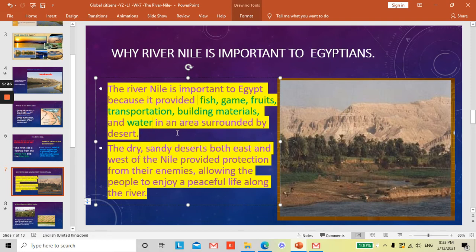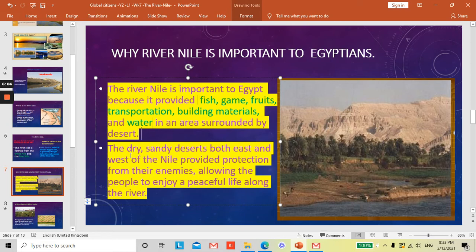So here we can see that Egypt is surrounded by desert. The Nile provides water, fish, which is food, game, that is recreation, fruits, transportation, and building material. They use the building material to build their houses and roads.